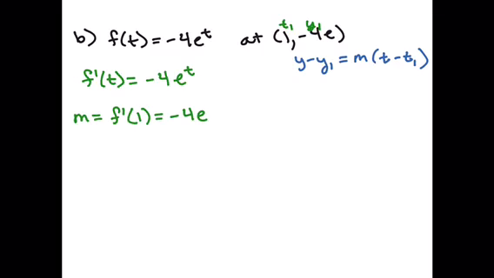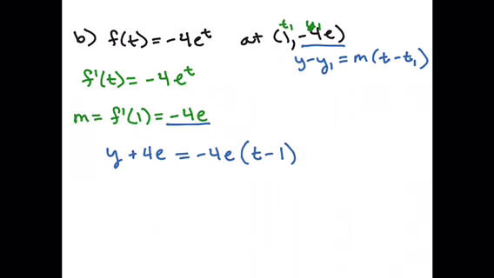So we want to put that into our equation of a line, so I get y minus -4e, which will be plus 4e, and I got that from here, equals -4e from our slope here, times t minus our t1, which is 1.